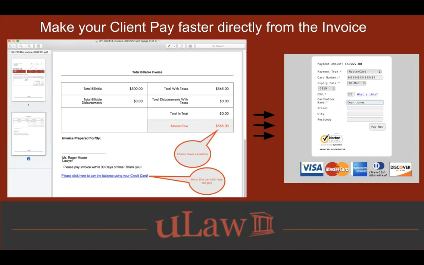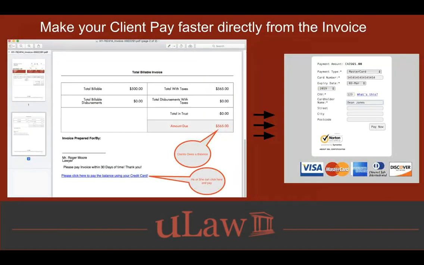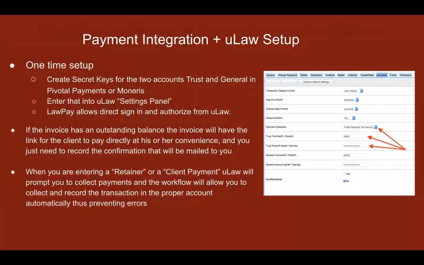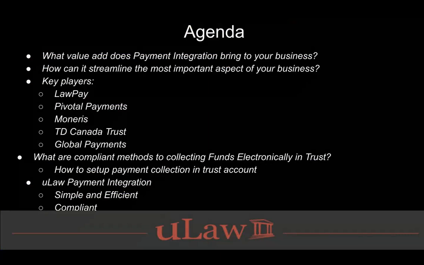He or she can click here and pay at the bottom, because there's a 'please click here to pay the balance using your credit card.' Immediately upon clicking there, the next page opens again where you punch in your client's credit card details, cardholder and other things. So it's a very simple and straightforward process.